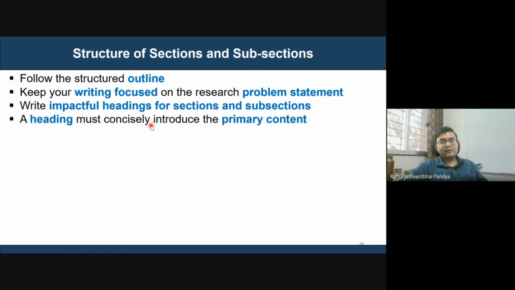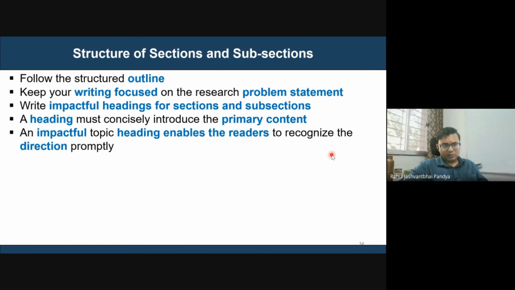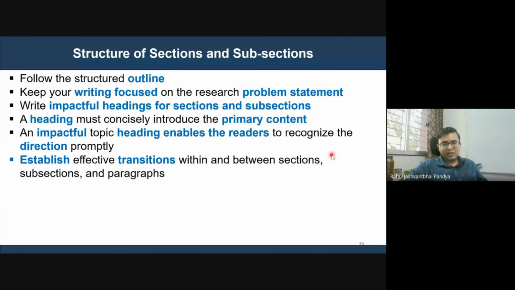So headings must be concise, and they must introduce the primary content of that section or subsection. It must be impactful so that it enables readers to recognize the direction promptly, that is, what they are going to read in the next section or subsection.